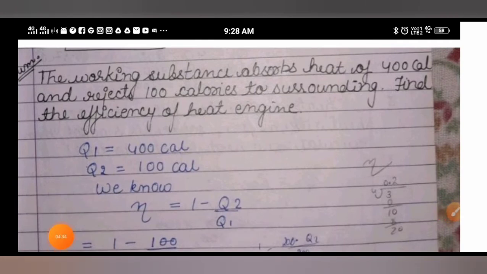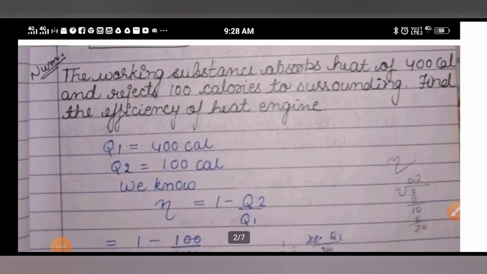The first numerical on your screen: the working substance absorbs heat of 400 calorie and rejects 100 calorie to the surroundings. We need to calculate the efficiency of the heat engine. Dear students, always keep in mind that 1 means source and 2 means sink.